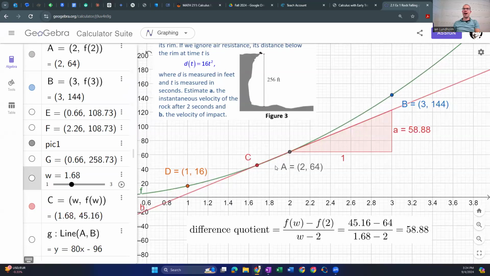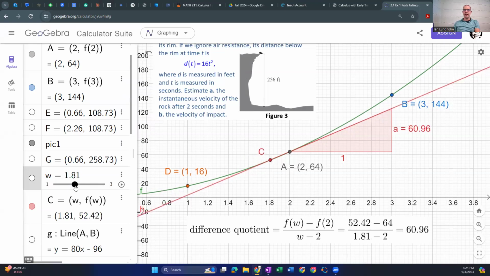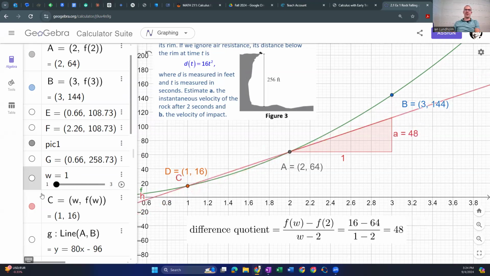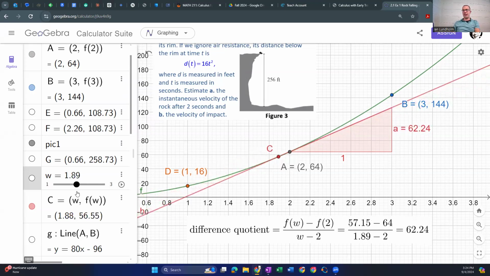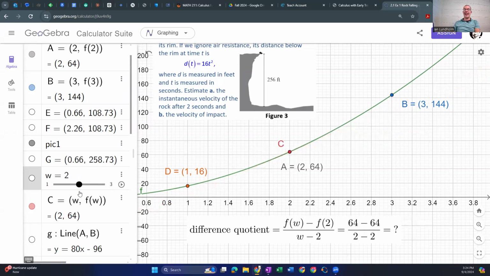Notice how the slope of this red line starts to match the slope at this point better and better the closer that we get to this point. So, yay, this is great. We start off at 48. It's going up to 50, 60, 62, 63. Oh, and then we blink out of existence.